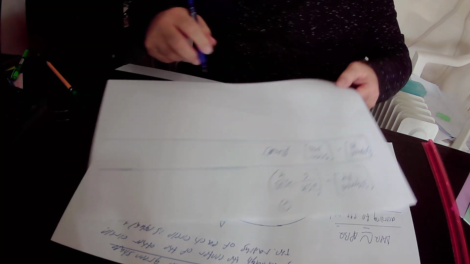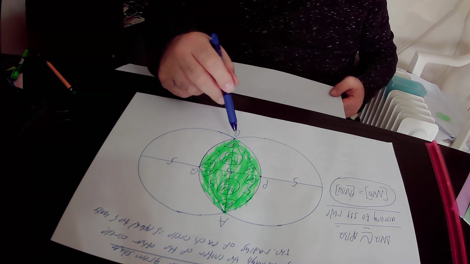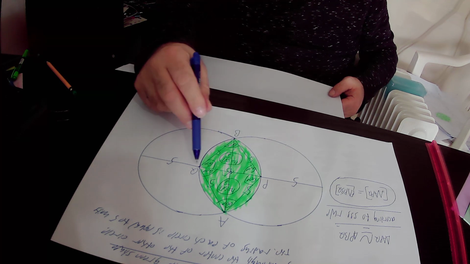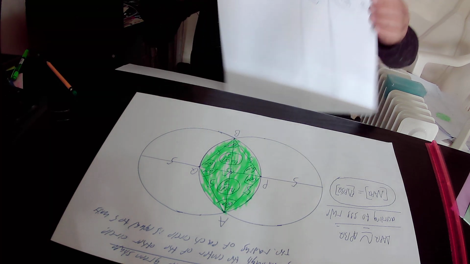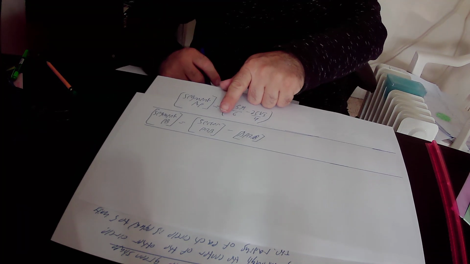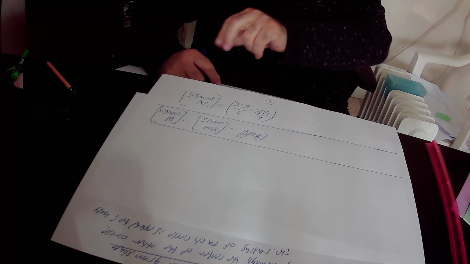I repeat again, the area of this segment PB equals the area of sector PQB minus the area of triangle PQB. This is the area of segment PB.